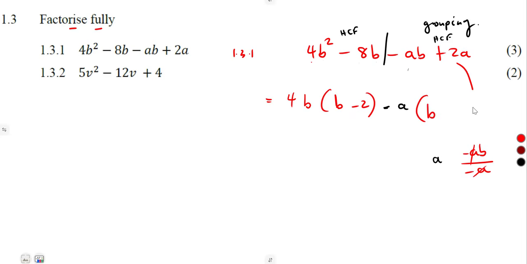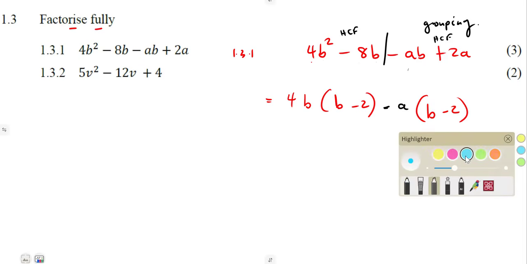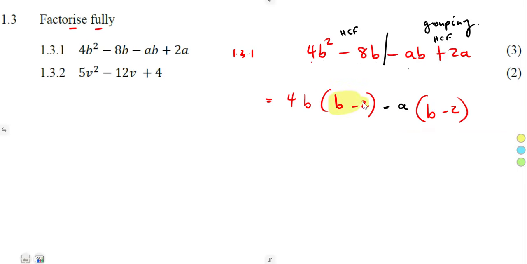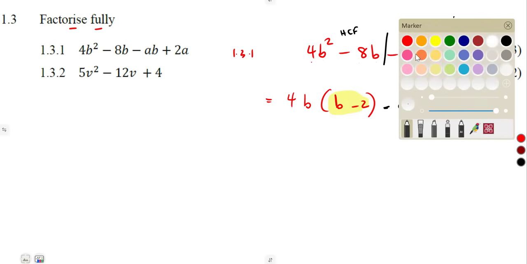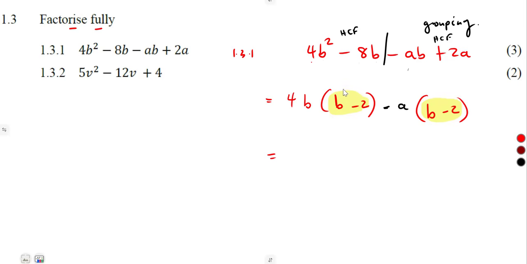All right, then 2a over minus a is going to give us a negative 2, exactly what we want. So we must have 2 brackets that are exactly the same, b minus 2, b minus 2, so that we can factor out that common bracket of b minus 2.